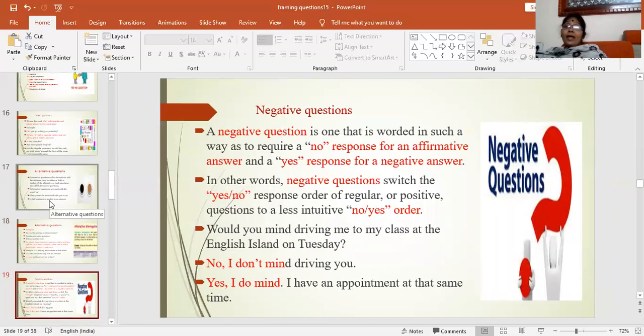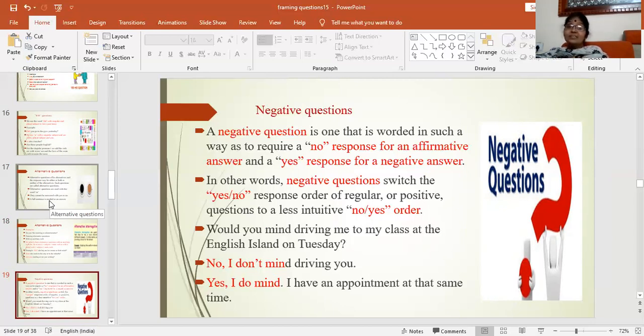Then we also frame negative questions. Now, what are negative questions? A negative question is one that is worded in such a way as to require a no response for an affirmative answer and a yes response for a negative answer.